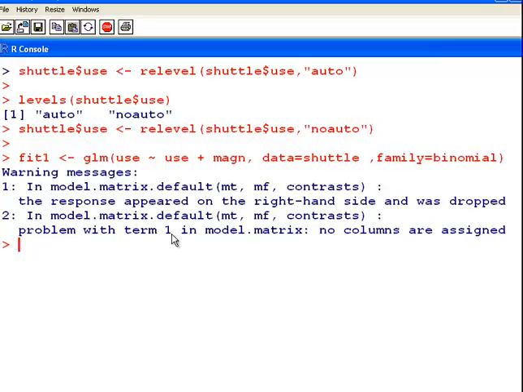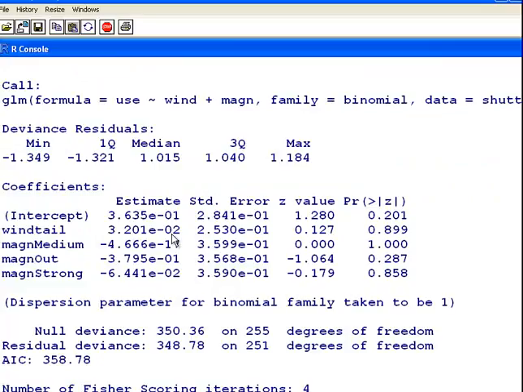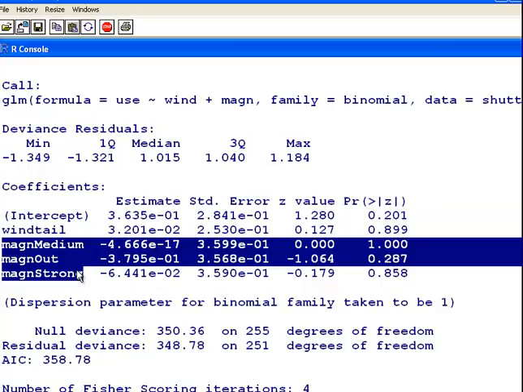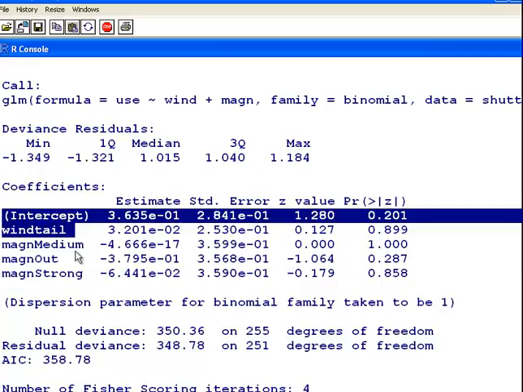And what is going on here? Use and, okay, sorry, wind. Now, summary of fit 1. I put in use as predictor variable and the response variable. It should have been just a response variable. Fit 1, okay, there we go. Now, this part looks okay in the sense that we have 3 magnitude levels, but essentially we only have something there for wind tail.